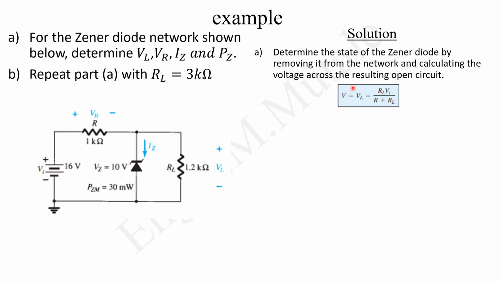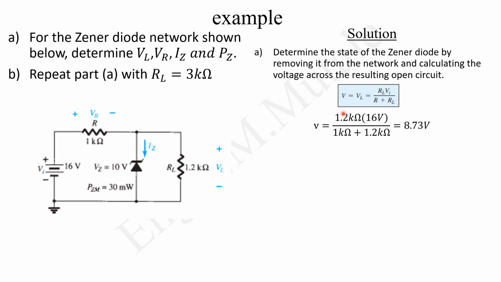The voltage V we are calculating, which is the same as the voltage on the load because they are in parallel, is basically given by voltage divider rule. You've got two resistors, this one and this one. When you replace the parameters, you're going to have 8.73. Compared to the given value of the Zener diode, 8.73 is less than 10.